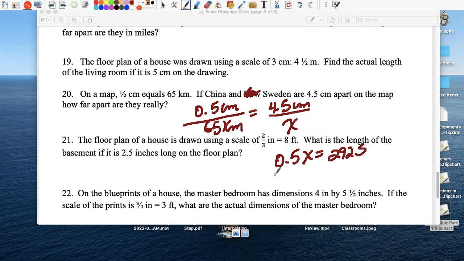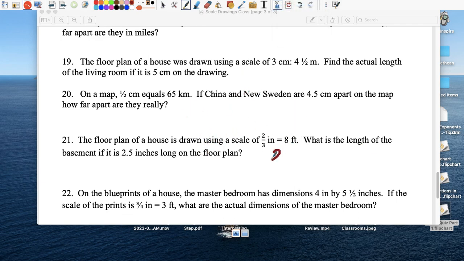We're going to divide both sides by 0.5. And x equals 292.5 divided by 0.5. Okay, 585. So they're 585 kilometers apart. I don't think that's true though.